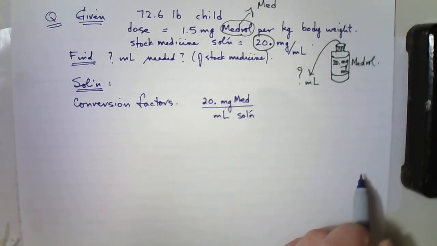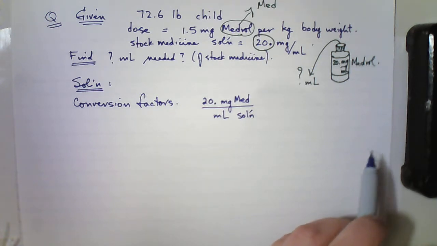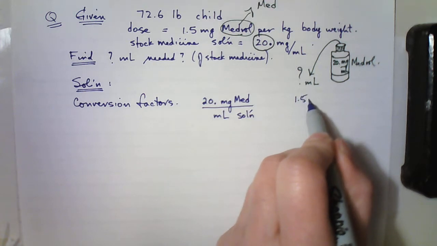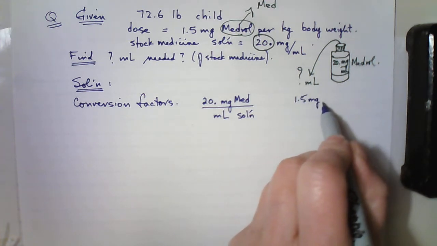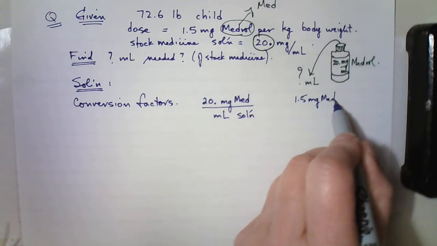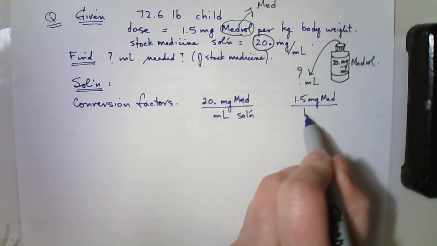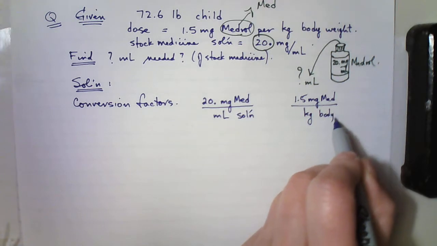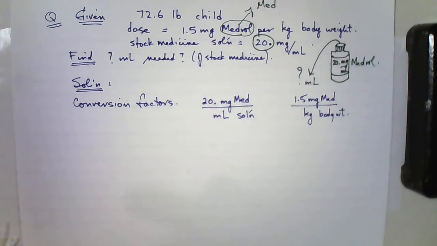Is there another conversion factor that we have here? Another rate? There is. The dose. We know that 1.5 milligrams of med is required for every kilogram of body weight. Okay.